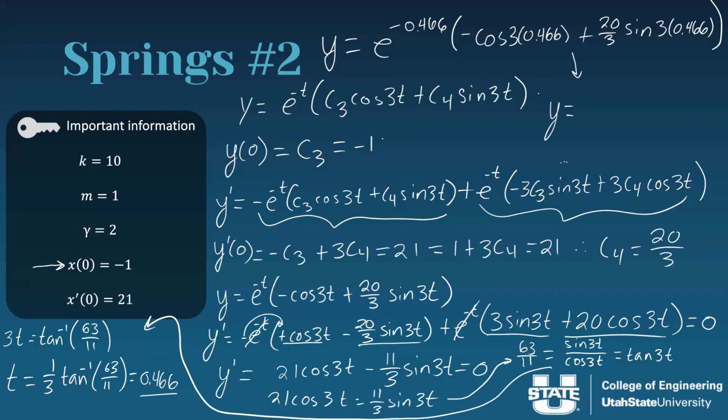That's it. I have it written up there at the top. We have our y equals e to the minus 0.466 times minus cosine of 3 times 0.466 plus 20 over 3 sine of 3 times 0.466.